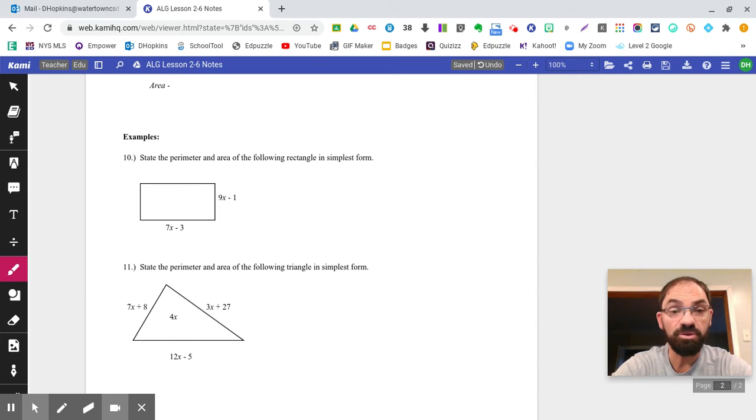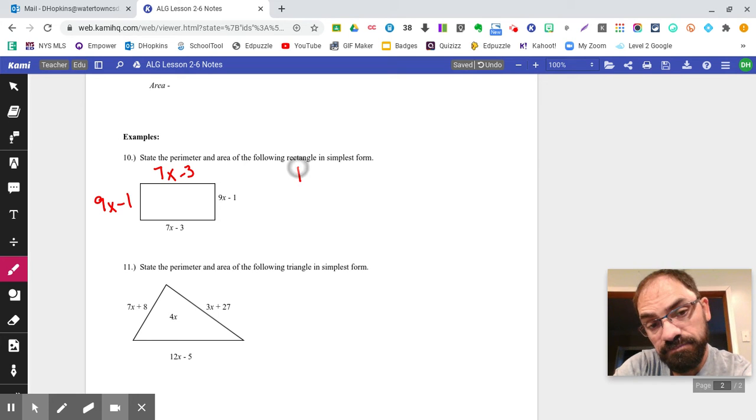Number 10, state the perimeter and area. So remember, in a rectangle, assuming that's a rectangle, which we shouldn't assume anything, but I'm telling you it's a rectangle, opposite sides are equal. So if this is 7x minus 3, so is this. And if this side is 9x minus 1, so is this. So to find the perimeter, we're just going to add all the sides.